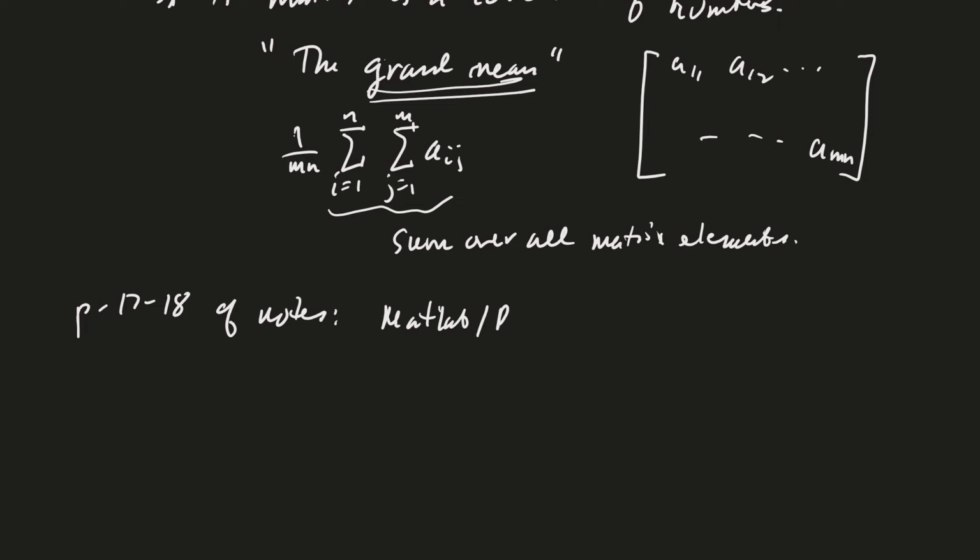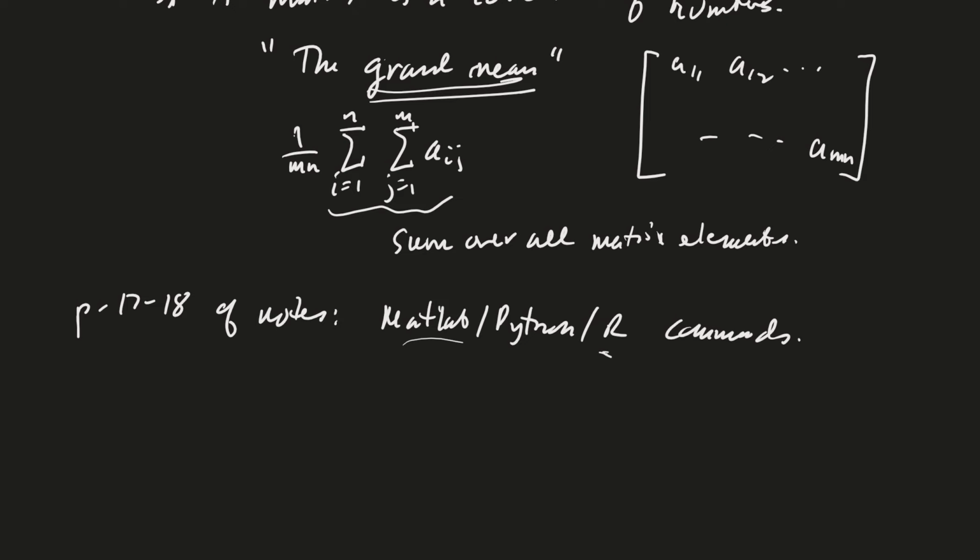MATLAB, Python, and R commands for computing the means. By the way, I think I'm going to not do as much R in the future. So if you're using R, let me know if you want me to continue with the R code. Otherwise, I'll just focus on MATLAB and Python.